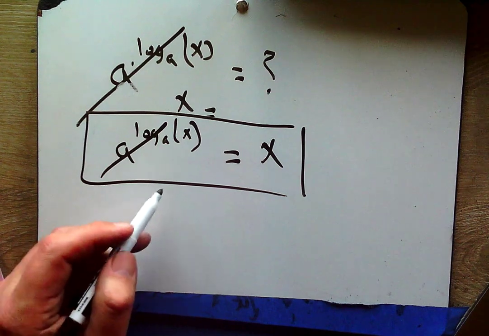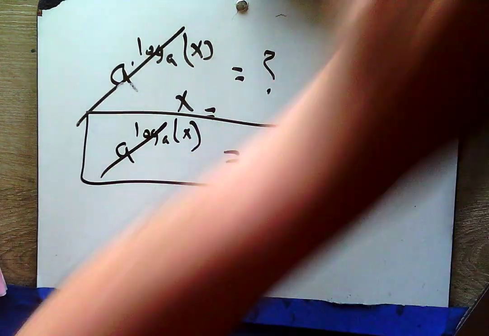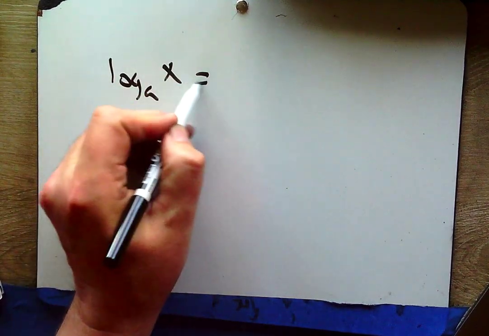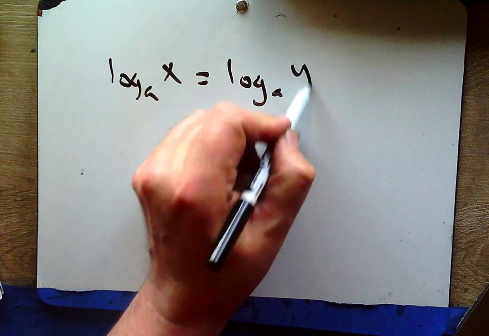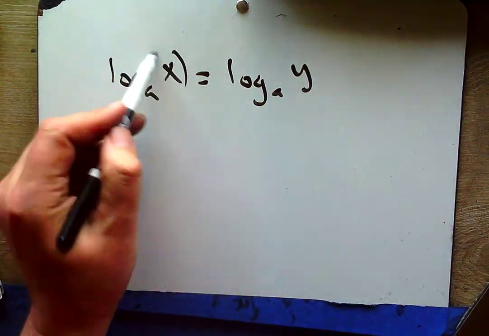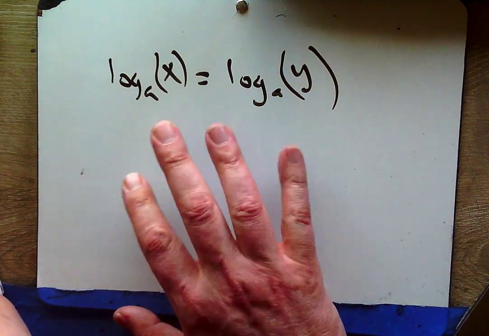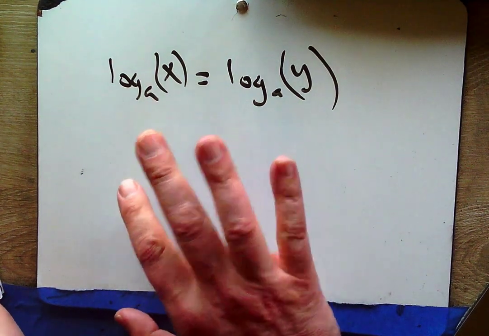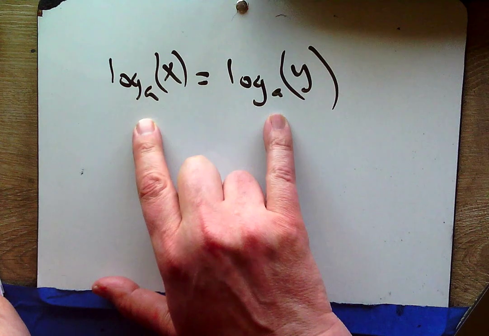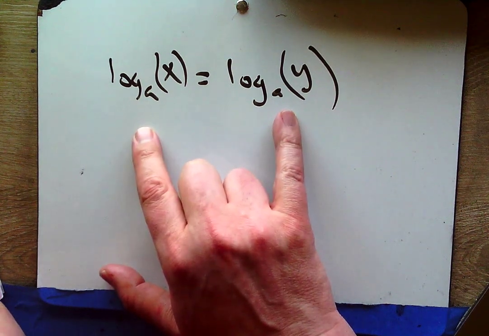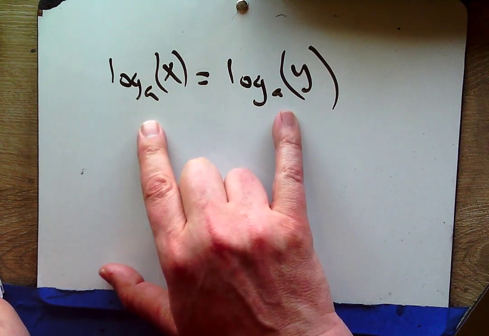All right, and the last one. This is sort of a proto-solving question. Log base a of x equals log base a of y. And we're asked to consider simplifying this or solving this, but I think it's really simplified. And the way I'm going to go about doing it is to get rid of the logs on both sides. They're both log base a.